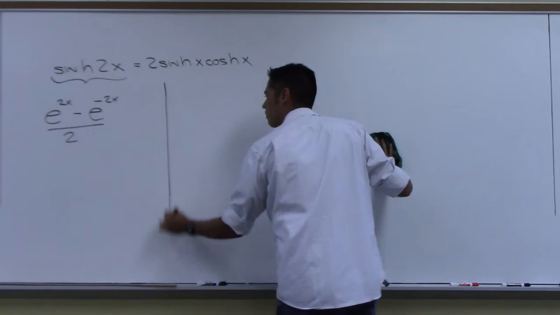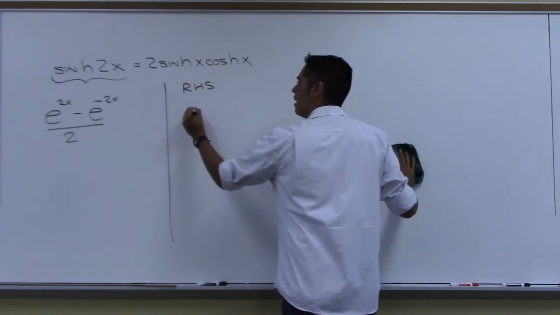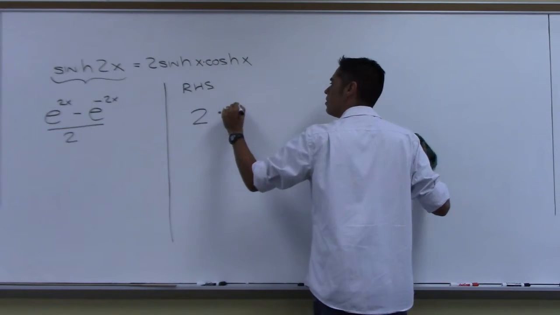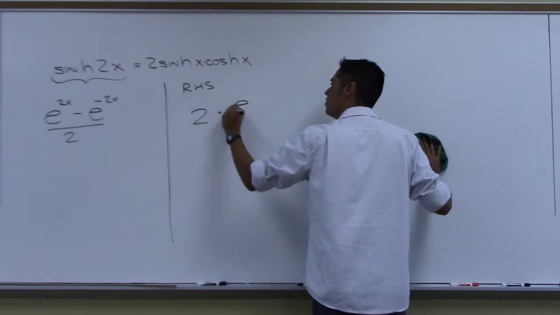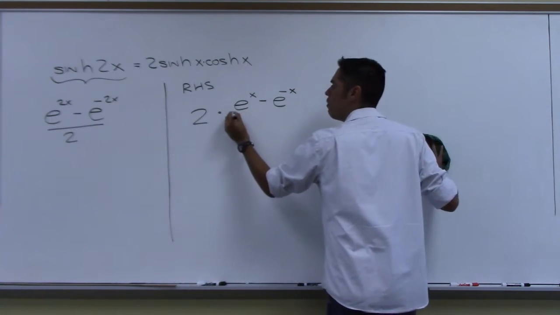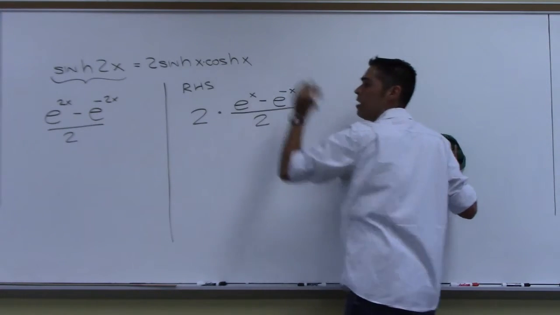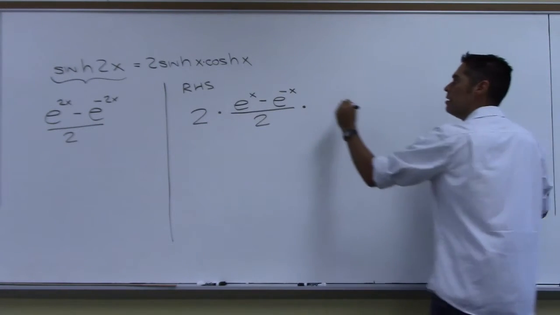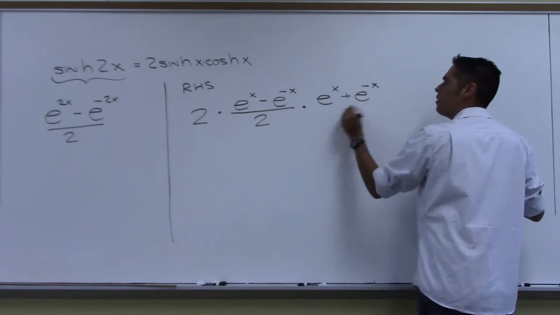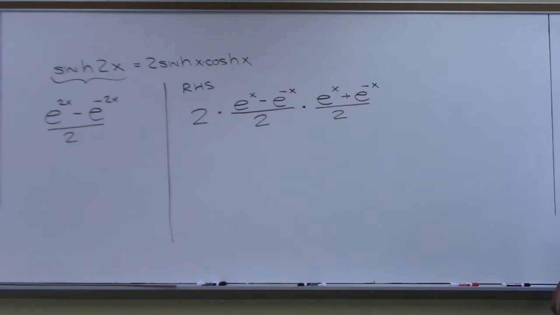So here we go. The right-hand side of this equation is 2 times sine hyperbolic x, e to the x minus e to the negative x over 2, times cosine hyperbolic x, which is the same thing but with a plus between them, over 2.